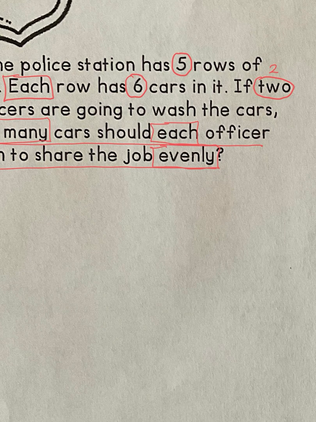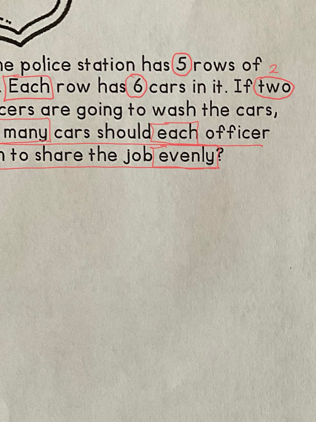First of all, I hope you're visualizing 5 rows of cars, and in each row there are 6 cars. The first question is, how many cars should each officer wash to share the job evenly? Well, we can't figure that part out until we ask ourselves, how many cars are there? So that's the first thing.